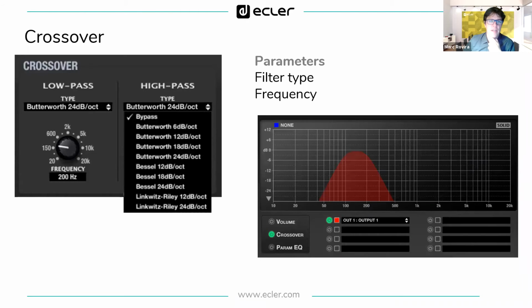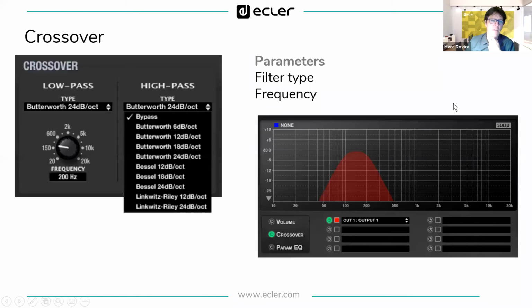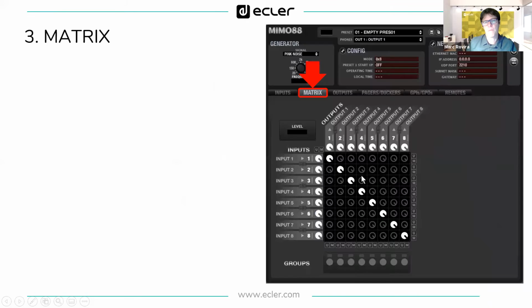Here you will find a low pass filter and a high pass filter of several types: Butterworth, Bessel, Linkwitz-Riley, and you have a limiter, which is a compressor to the maximum, let's say. So when you go over a threshold, everything is limited.